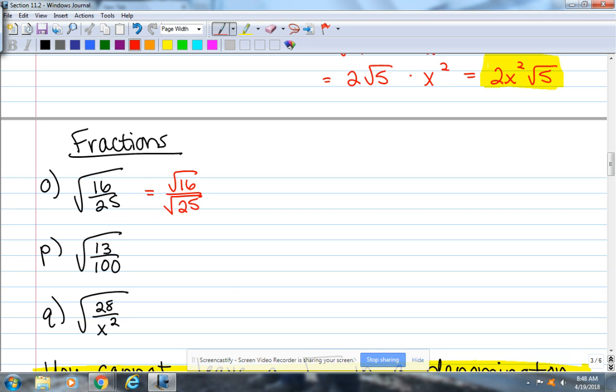They're both perfect squares. So we can just take the square roots of those and get regular numbers. So what's the square root of 16? 4 over the square root of 25. So all we have to do is make sure that fraction is simplified. And 4/5 is a simplified fraction. Okay? So when you're taking the square root of an entire fraction, you give them each their own radical.